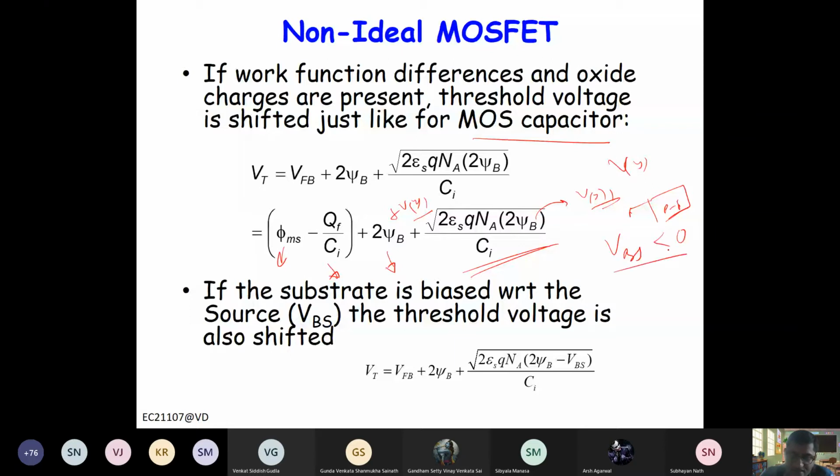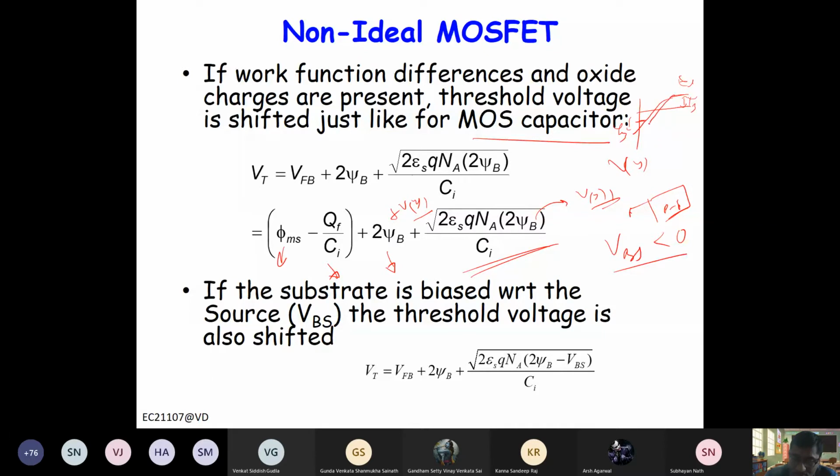And if VBS is less than 0, then your depletion width will be wider, because the voltage required to, let's say this is Ei, right? This is 2 psi B, this is psi B, this is psi B, and if VSB is there, then this Fermi level will go down.